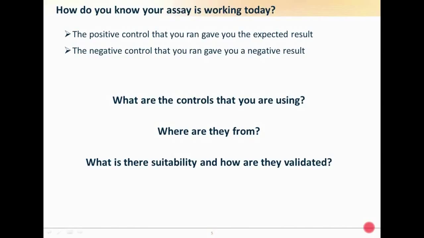The next questions we ask ourselves, and we start to ask you guys, is, well, what are the controls that you're using, where are they from, what's their suitability and how are they validated? One of the most worrying things for me when I've asked these questions is that often the negative result, certainly in molecular diagnostic assays, can be just water, and so completely non-representative of a patient sample.